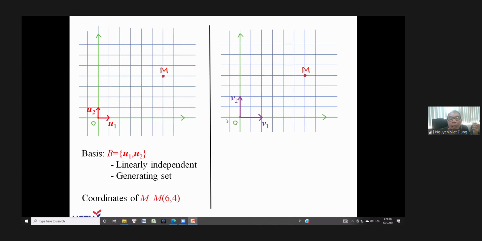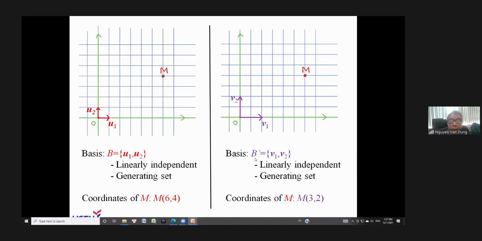Now on the right hand side, we take another basis. Another basis I denote by B prime, consisting of V1 and V2. V1 and V2 are linearly independent and a generating set also. So because of that, B prime is again a basis for the coordinate plane.